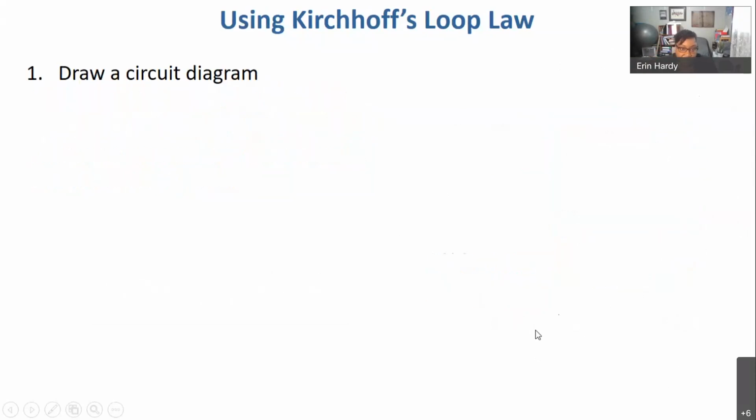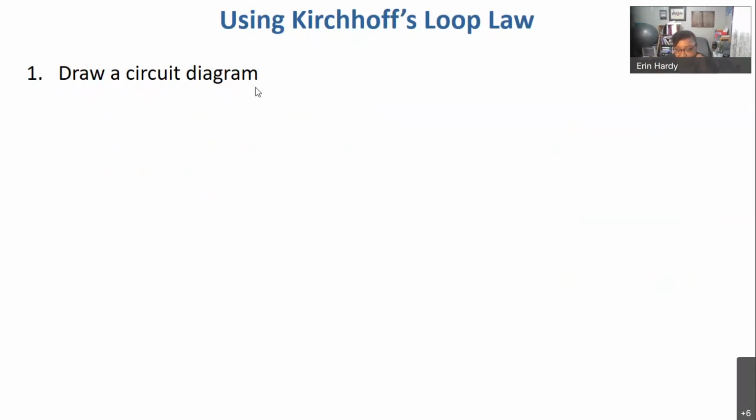So if we were just presented with a circuit diagram, and we were asked to solve it so that we could figure out everything there is to know about that certain circuit, there is a problem solving strategy that I would suggest you stick to, especially if you are new to solving circuits.